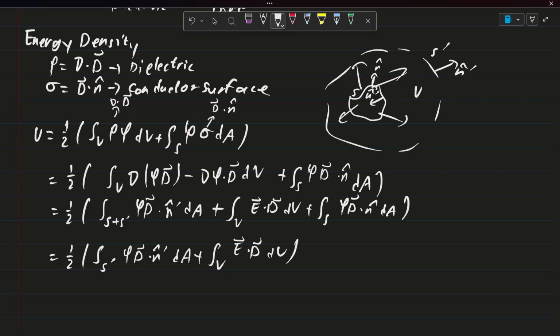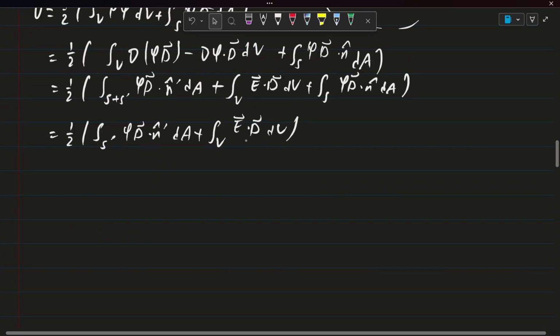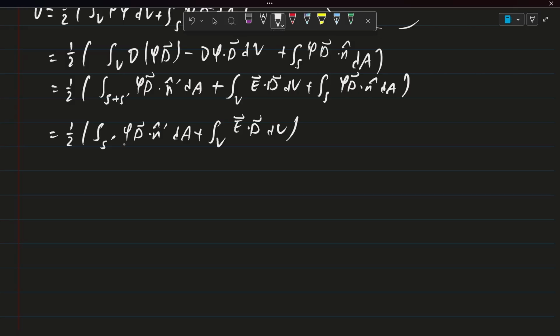Now something to note here is that the one on the left side here, this S prime, if you try to evaluate this for very far fields, when r goes to infinity, phi should go towards 0. Well, it is dependent on 1 over r, the D vector is dependent on 1 over r squared, and the area, if you go bigger and bigger, this would depend on r squared. And this would cancel each other out, but there will still be the 1 over r. And when r goes to infinity, this entire thing would go to 0.